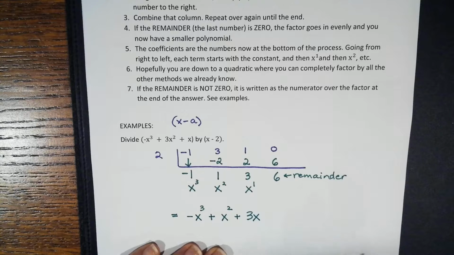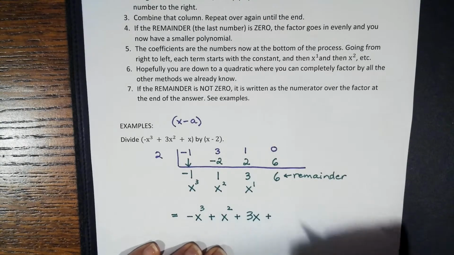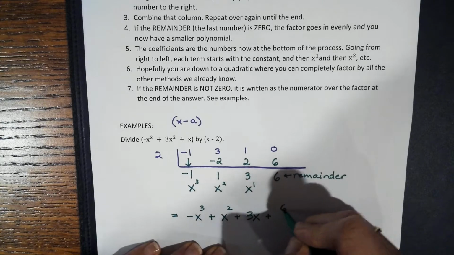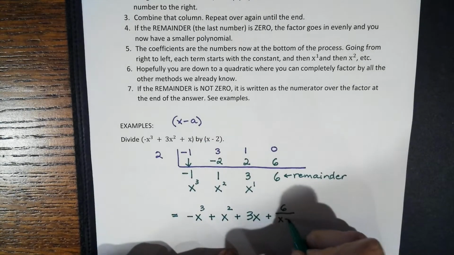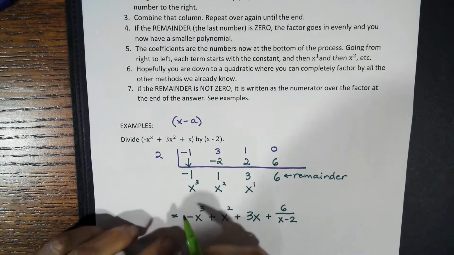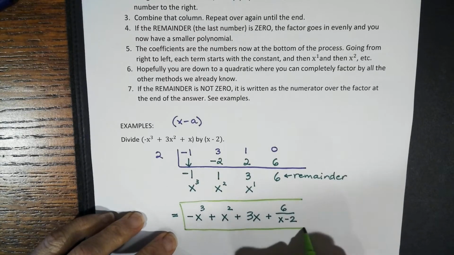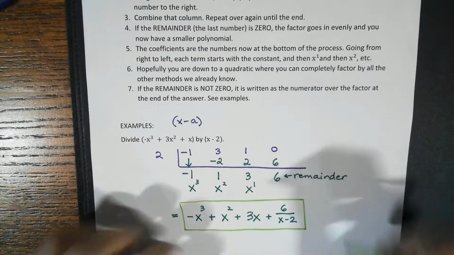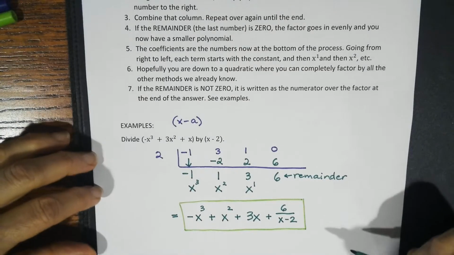I don't have to write that exponent. And then this is my remainder. So remember, your remainder is written over the divisor, and the divisor here is x minus 2. And that, my friends, my student scholars, is the same answer you would get if you did it long division, which is what we did yesterday.